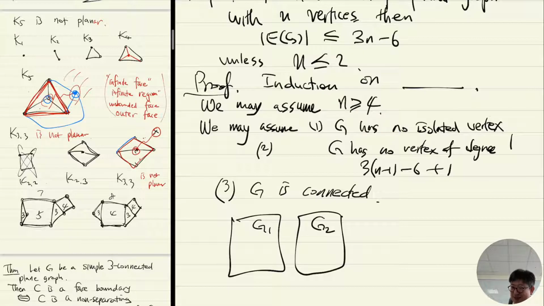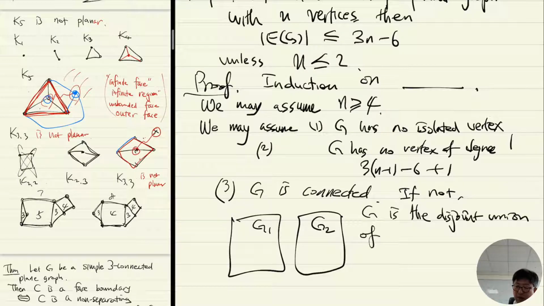Okay, so if not, let's say G is the disjoint union of 2 graphs, G1 and G2.